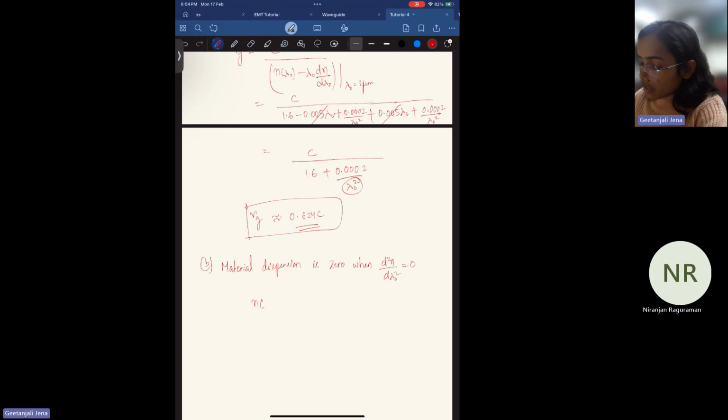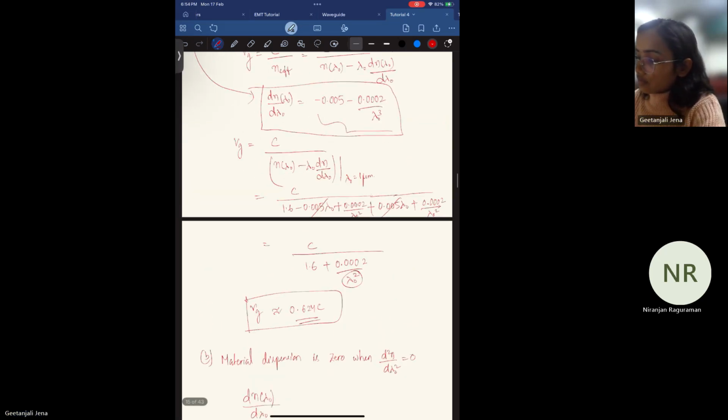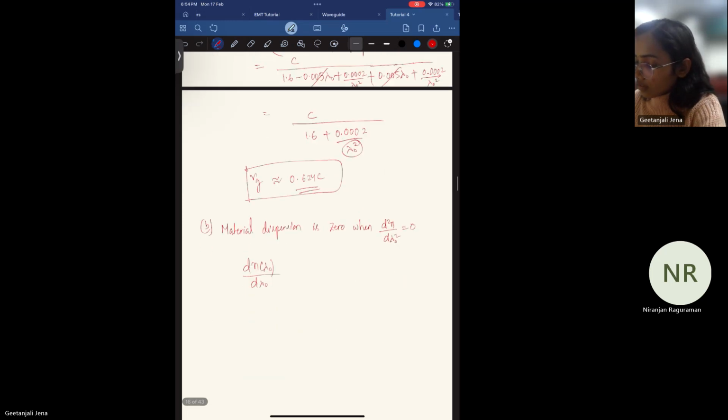We have already calculated d n by d lambda 0, which is minus 0.005 minus 0.004 over lambda 0 cube.